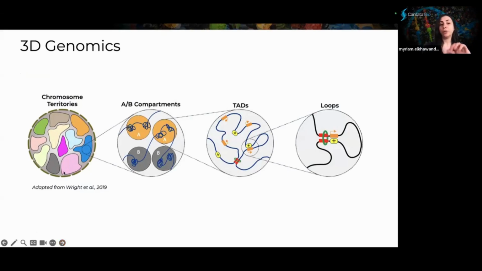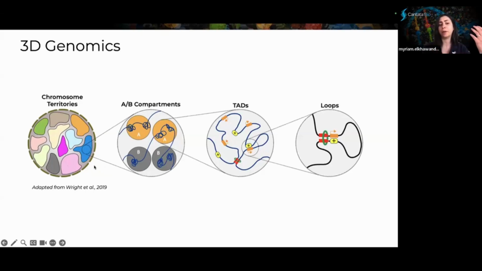So at a high level, you see those chromosome territories. And each of those territories is the region that each of the chromosome occupies in the genome. And you can see that in the nucleus. And you can see that those territories or those regions are not overlapping. So the chromosome territories are the non-overlapping regions that each chromosome occupies in the nucleus.